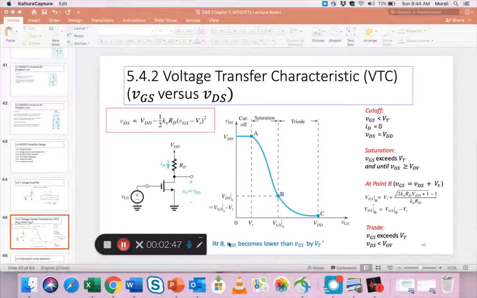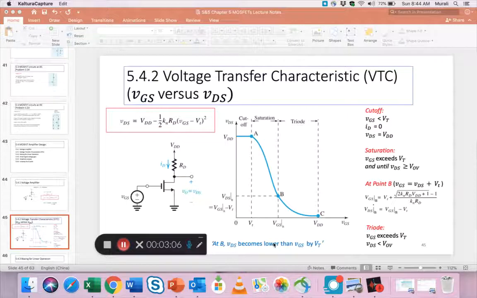He says that at point B, which is the lower limit of the saturation region on this curve, VDS becomes lower than VGS by VT. That's the right technical way of saying it.